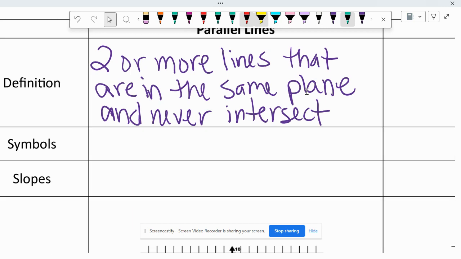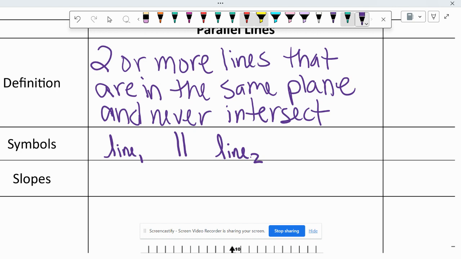So if I were to call them line 1 and line 2, the symbol that we use to say that line 1 is parallel to line 2 is this. Two straight lines. Almost looks like the number 11 or two L's together.